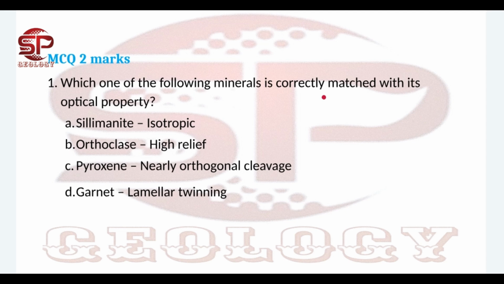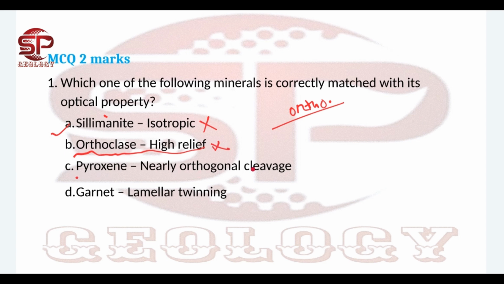Which one of the following minerals is correctly matched with its optical property? First, sillimanite belongs to the orthorhombic system, so that's why it is anisotropic. So this will be incorrect. Then orthoclase, it is a mineral having low relief, so it is incorrect.